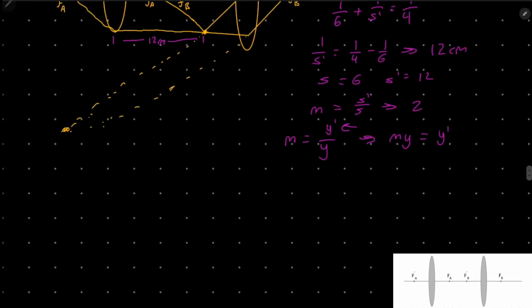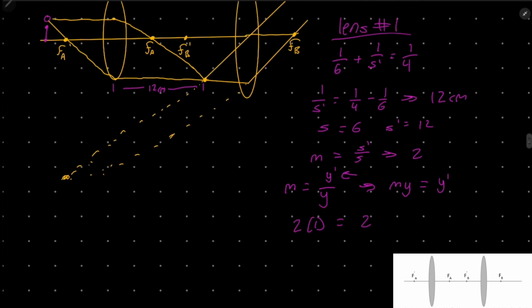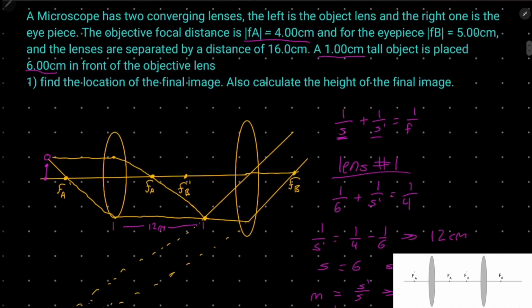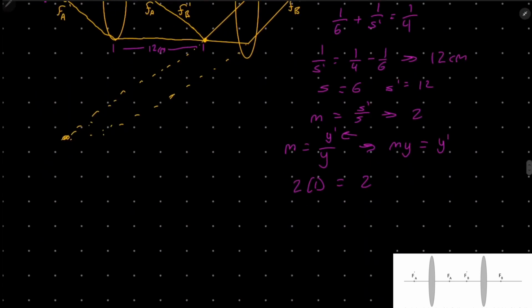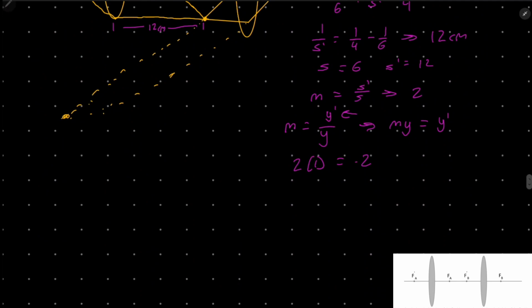So what we can do is we'll have m 2, then our y 1. So our ending height will be 2. But we have to remember our image ends up below the x-axis. So we need to make sure it is negative 2 centimeters.